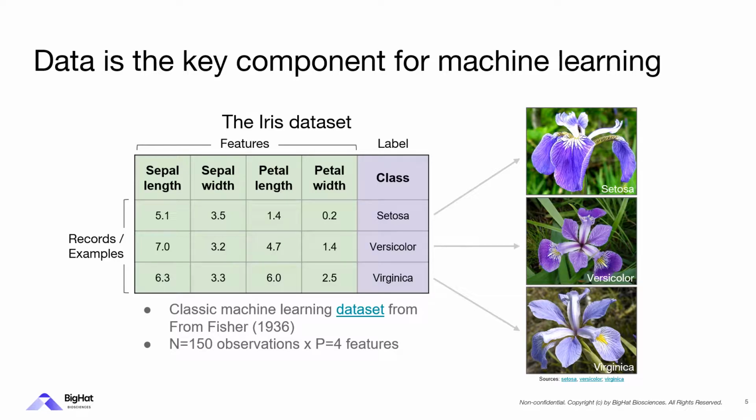In machine learning parlance, we would say the n is 150 observations here, and there are p equals 4 features used, and 1 output label, which has 3 different classes it can adopt: the setosa, the versicolor, and the virginicum. I also show examples of the 3 different irises on the right.